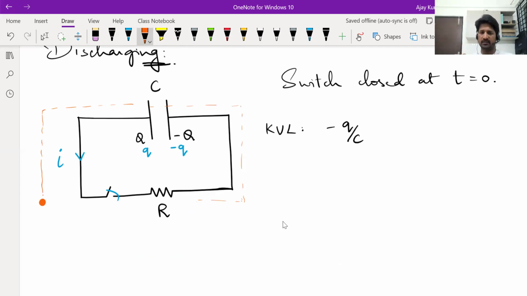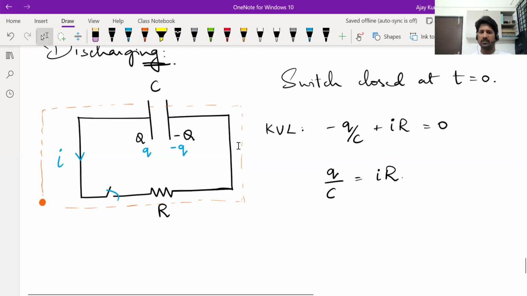Current is flowing to the right side through the resistor and you are moving to the left. So you'll have to take potential change as plus IR is equal to 0. So you can simply write Q by C is equal to IR. But our aim is to get charge as a function of time, so you need to bring time into this equation.